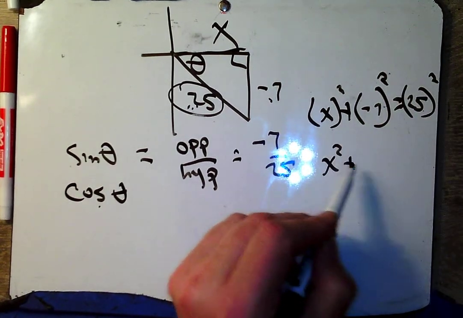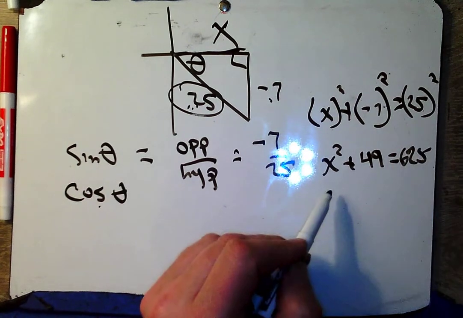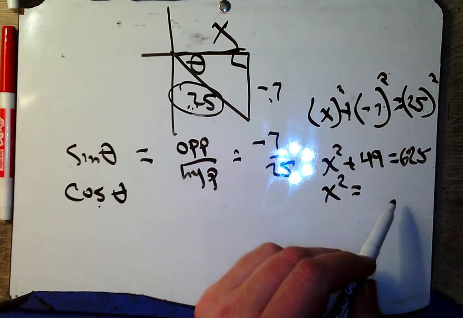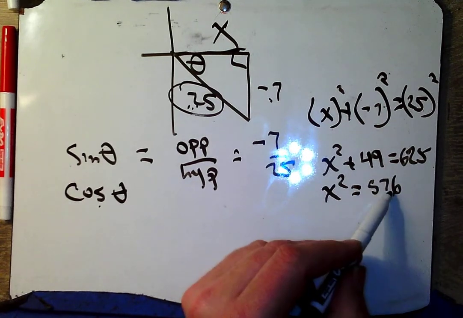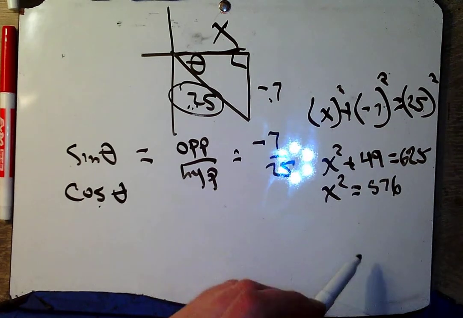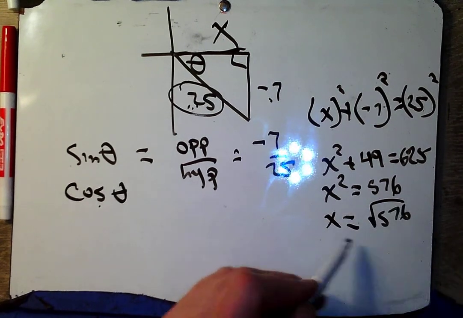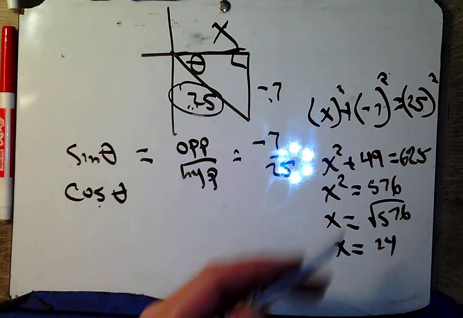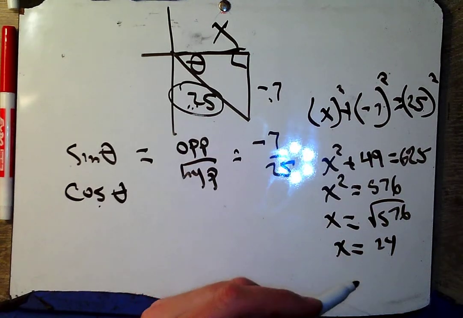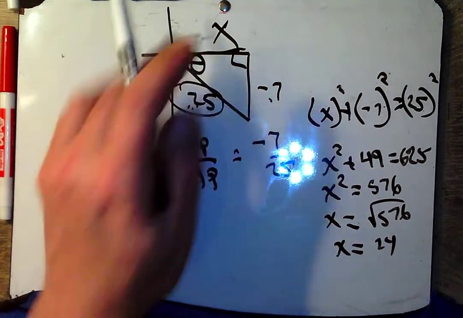Or x squared plus 49 equals 625. And so x squared equals, is it 576? 24 and 25, yeah. And so x equals the square root of 576, or x equals 24. Yeah, I can get there. It's just going to take a whole lot more time. Okay, so I need to find that missing side.